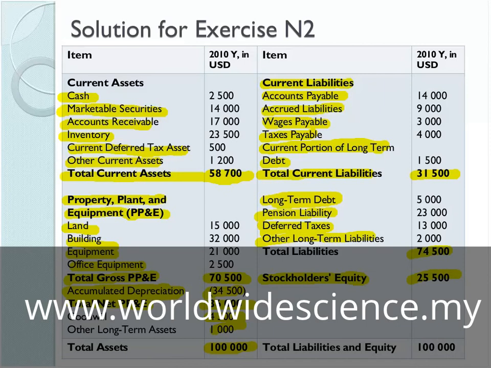And total liabilities and equity is equal to 100,000, which is equal to total assets. So we have a balance between total assets and total liabilities and equity, right? So this is our balance sheet, this is how we should prepare it.